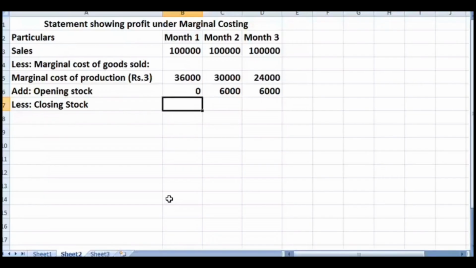So if opening stock, production and sale are given, you can calculate the closing stock. I think I need not give you the working note of it. Opening stock 0, production 12,000, and sale 10,000. Then what is closing stock? 2,000. Let's see the working note.